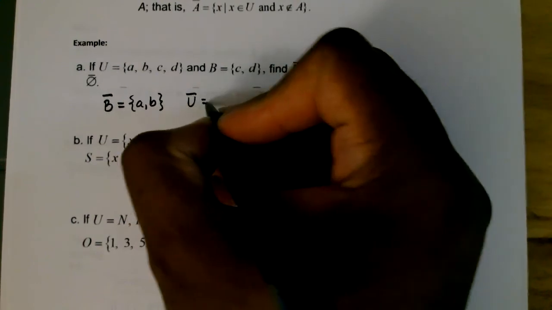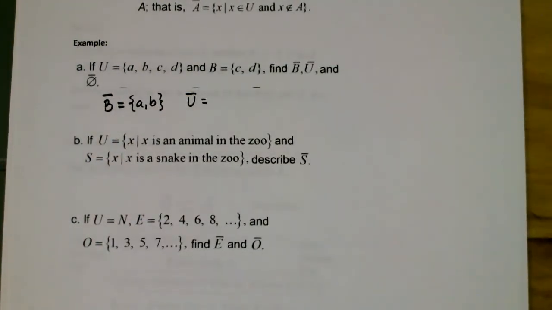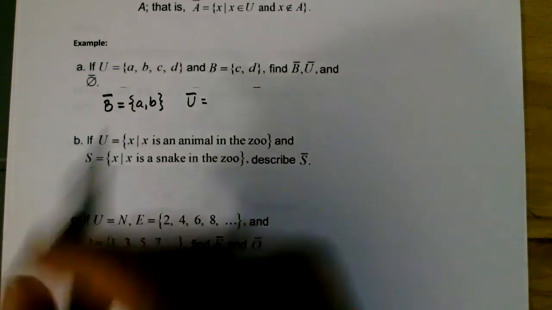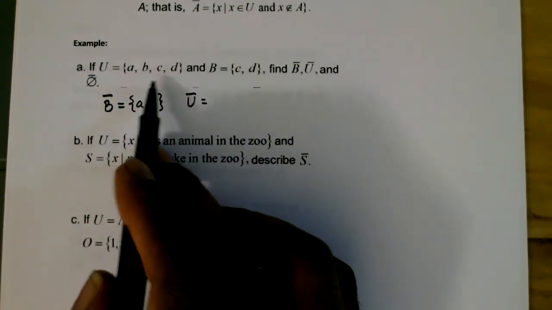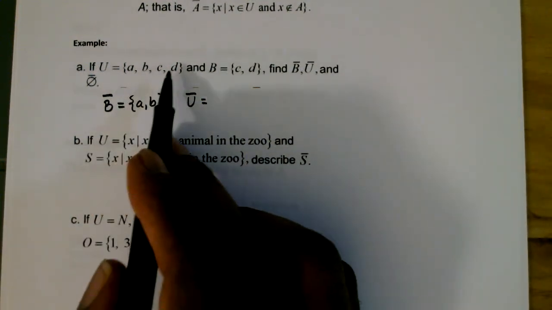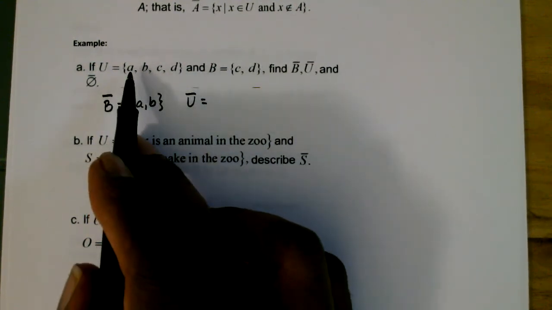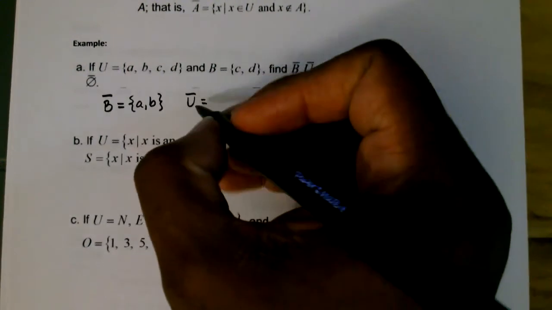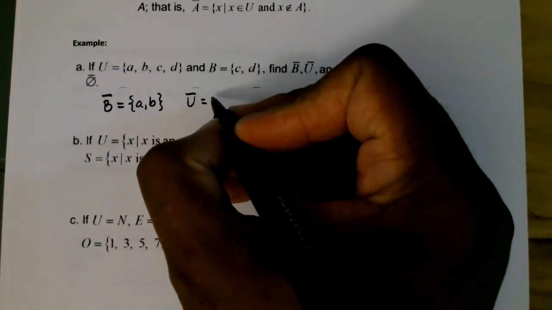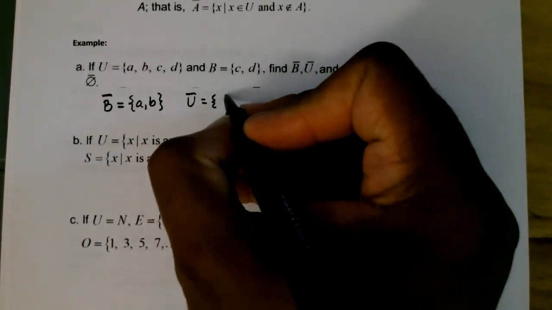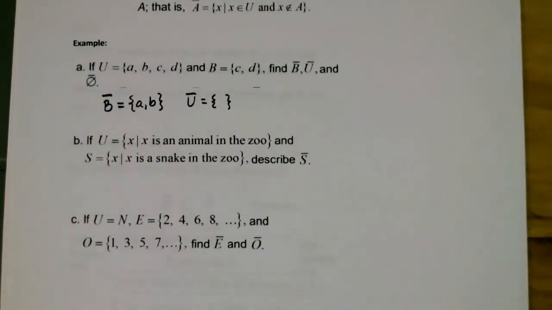The complement of the set U, which is the universal set, well, here's the universal set, A, B, C, D. Its complement means you just take all of these elements out. They're gone. All you'll be left with is the empty set.